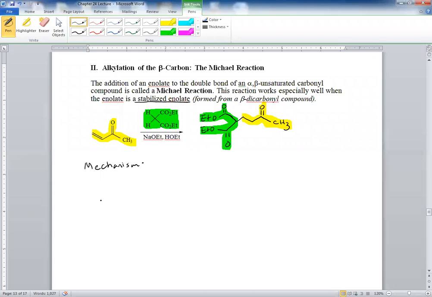So we bring this compound, so we have the CO2Et and we have the two H's, and we're going to deprotonate with this base right here.